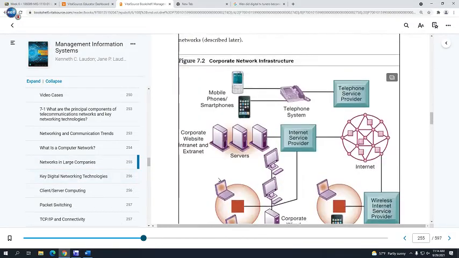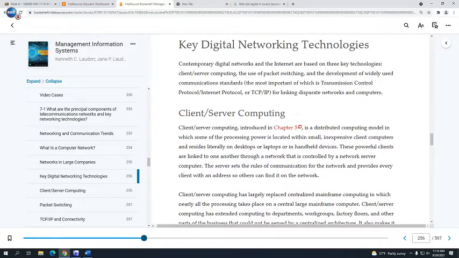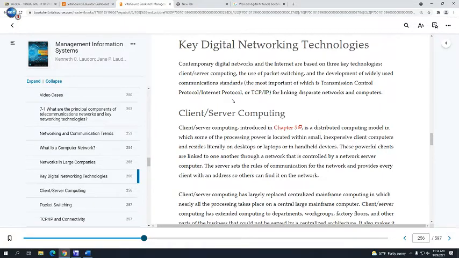We covered that. Key digital networking technologies, I'm looking to see it. TCP/IP is Transmission Control Protocol and Internet Protocol. This TCP/IP is something that's absolutely necessary for them to talk back and forth together.